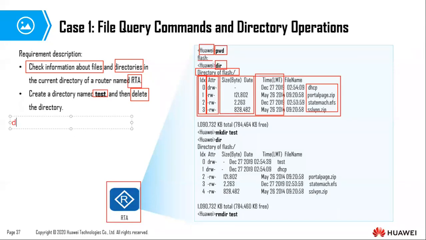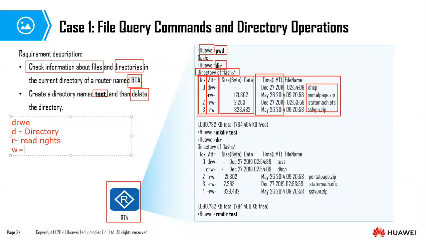We can see D, we can see R, we can see W, and we might also have E. Where we have a D, it means that that is a directory. R is for read, sorry. It means you are able to read that particular directory or file.